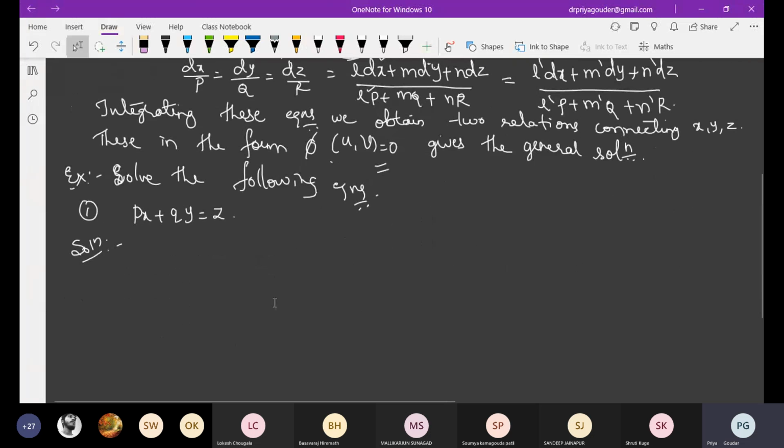See, in the earlier example, we had direct integration, where you know how the format is when it is with respect to one independent variable. Now here, if you have the format Pp plus Qq equal to R, what is this called? Which equation?